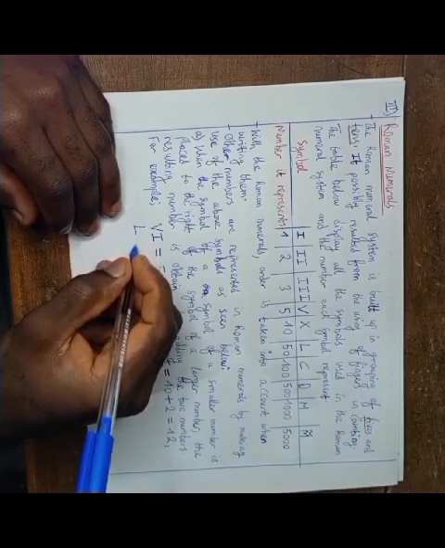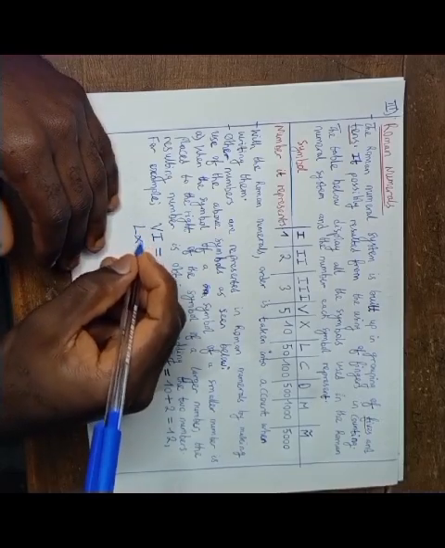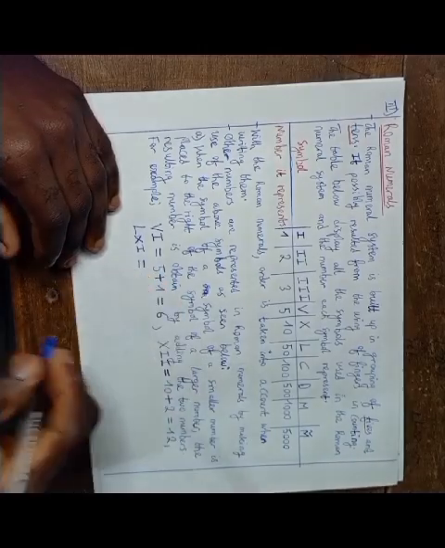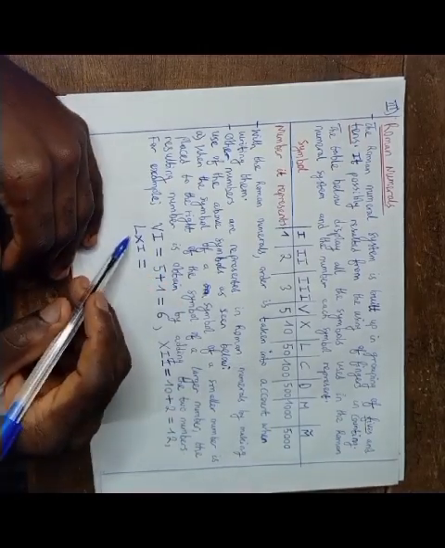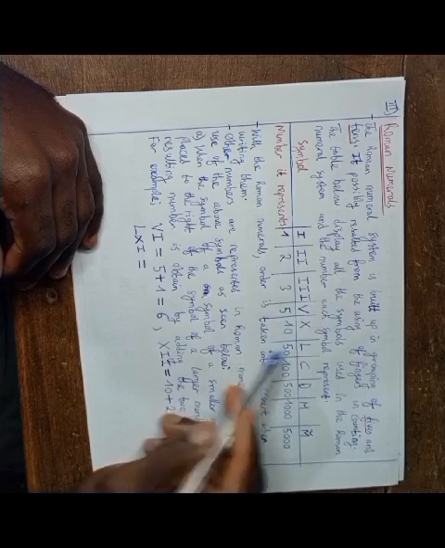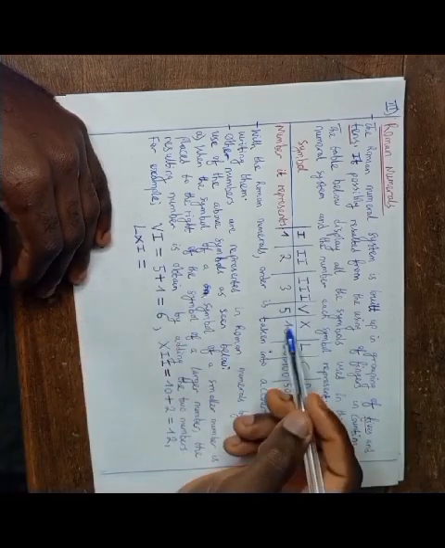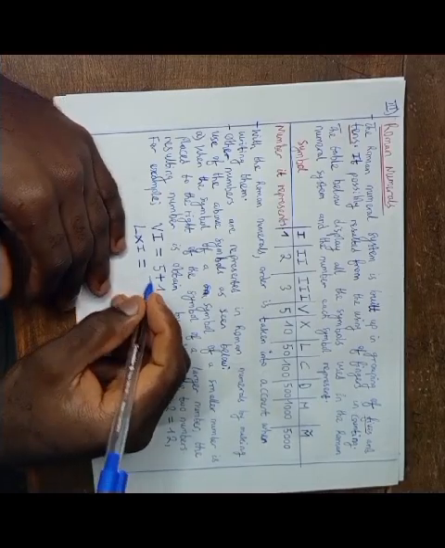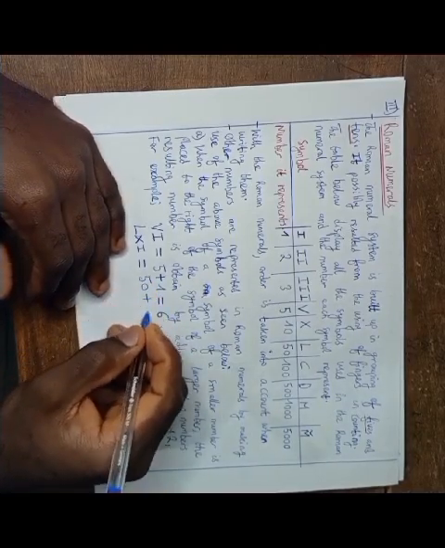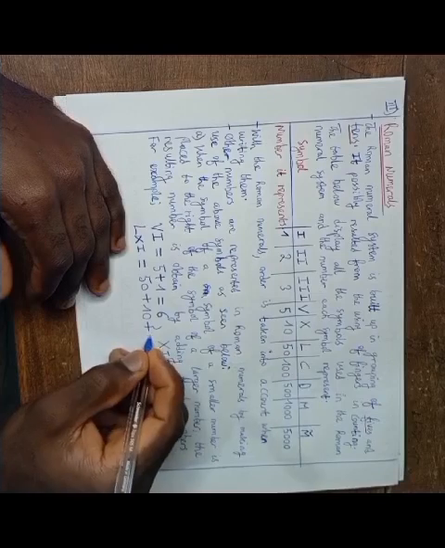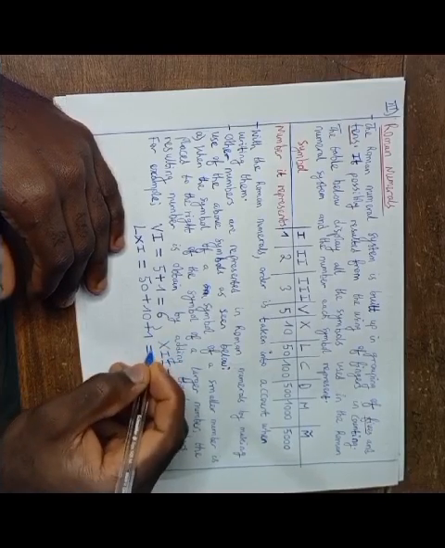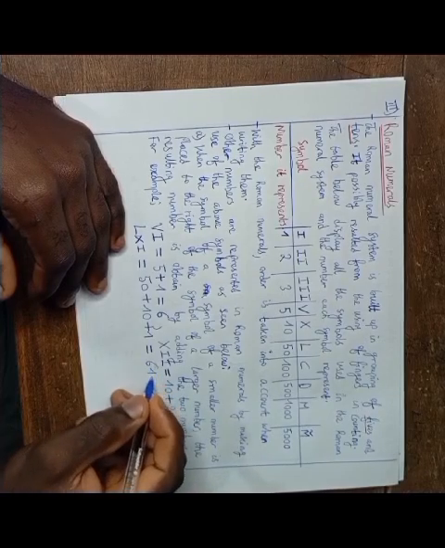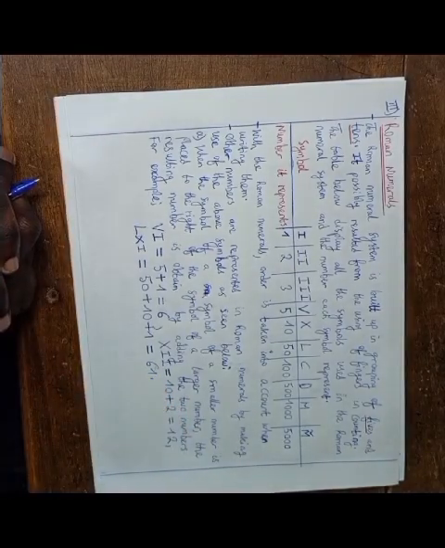Next, we have LXI. We know L represents the number 50, X represents the number 10, and I represents the number 1. So we take 50 plus 10 plus 1, which gives us 50 plus 10, 60, plus 1, 61. This is the result.